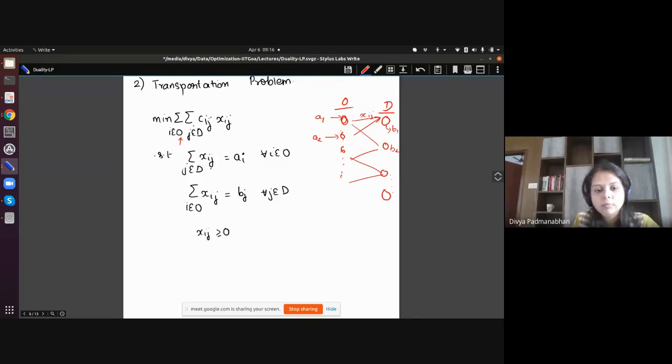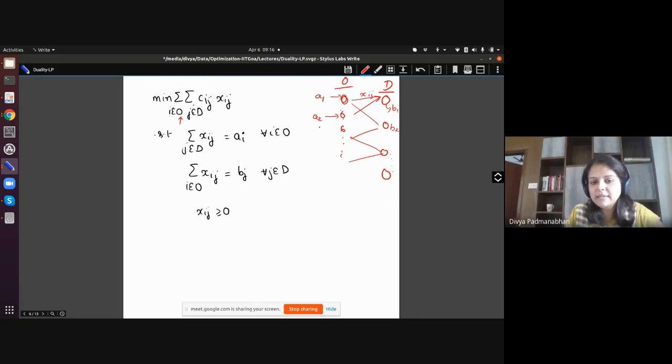The sum over all j's should be exactly equal to ai, and the sum of xij's over all the i's, for each destination, the sum of all the incoming quantity, has to be bj, because that's the demand. And you want the cost to be minimized. This is called the transportation problem.